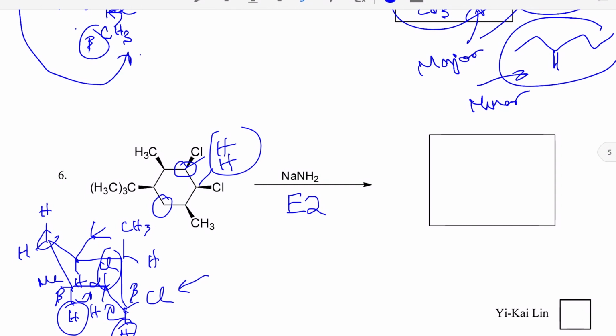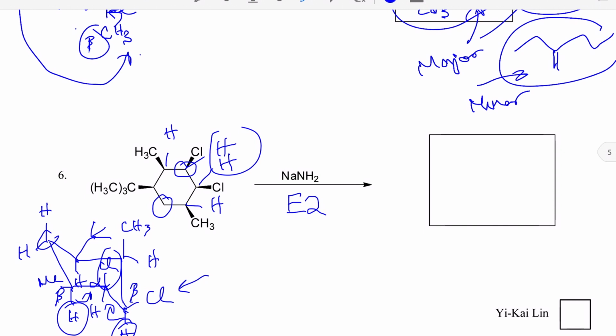But the question then remains, well, what about this proton and this proton here? Which one do we eliminate in order to produce the tertiary alkene that we're looking for? So this is where the subtleties kick in.